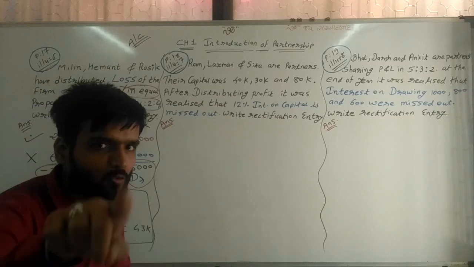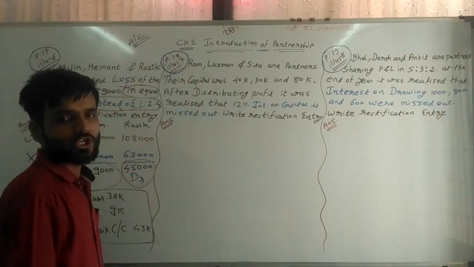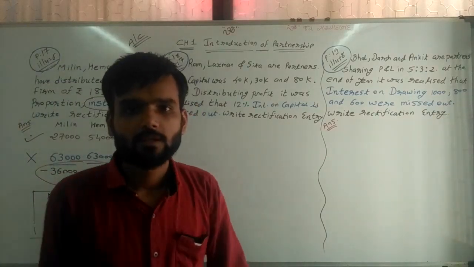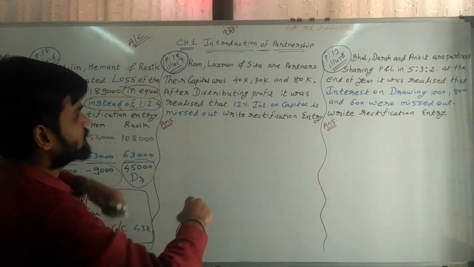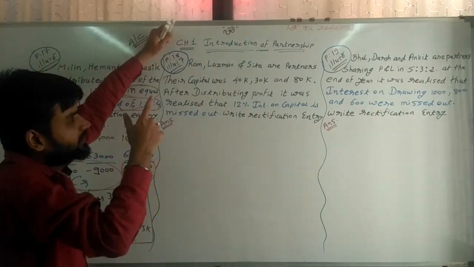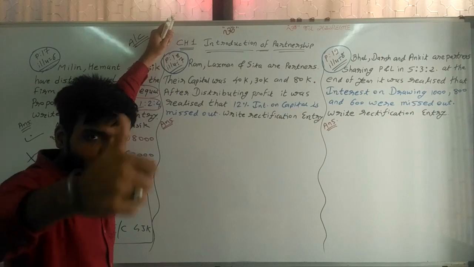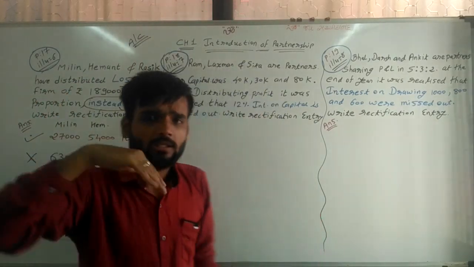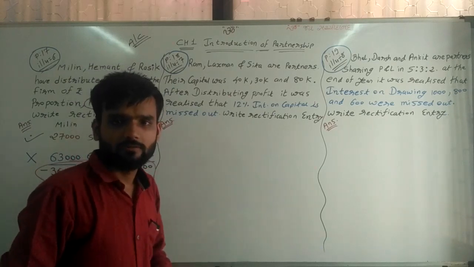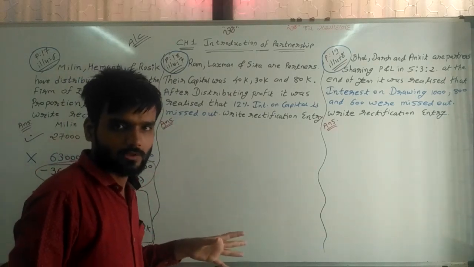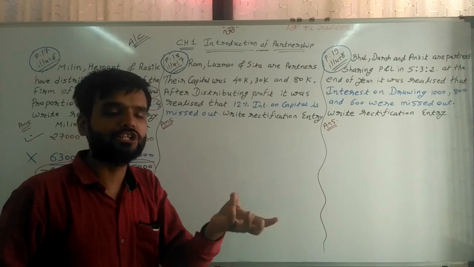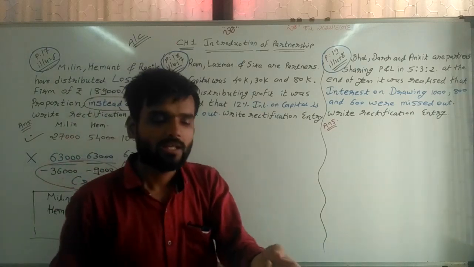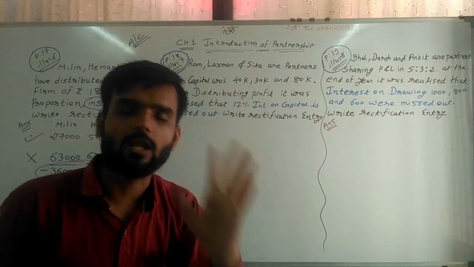That's it. Now we are starting with illustration number 7. Now try to understand illustration number 7. So one question related to profit and loss. Now these questions which we are going to take are related to interest on drawings and interest on capital.